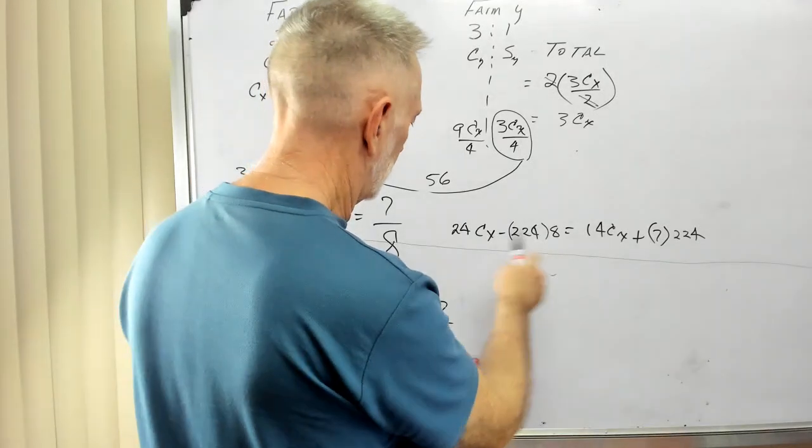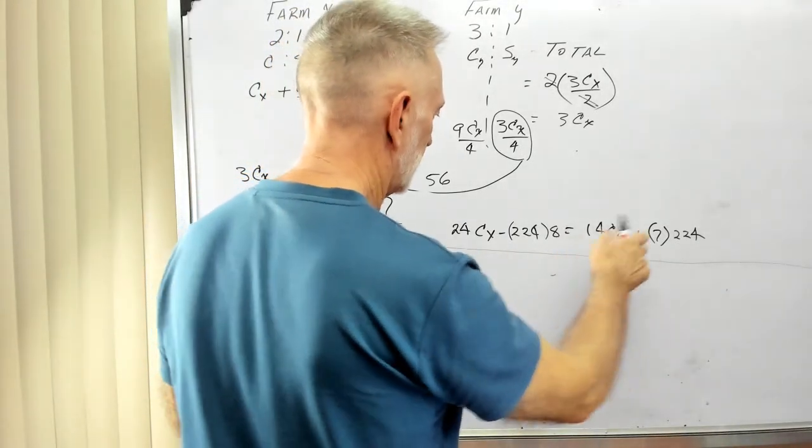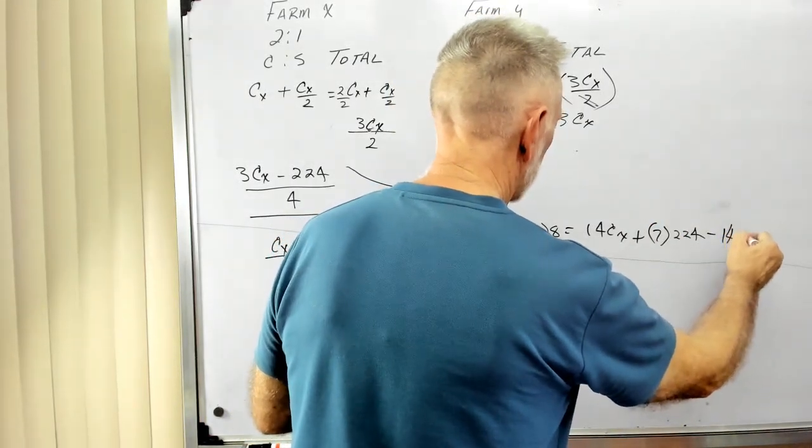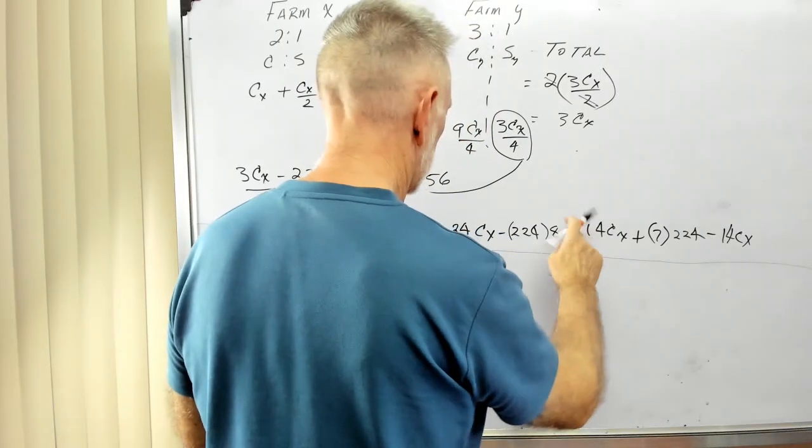All right, what do we need to do here? If we subtract, I'm going to subtract 14 cows on x from both sides.